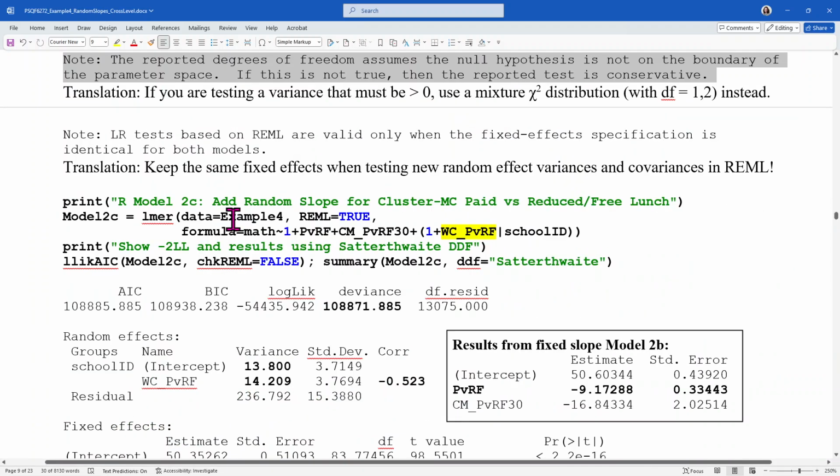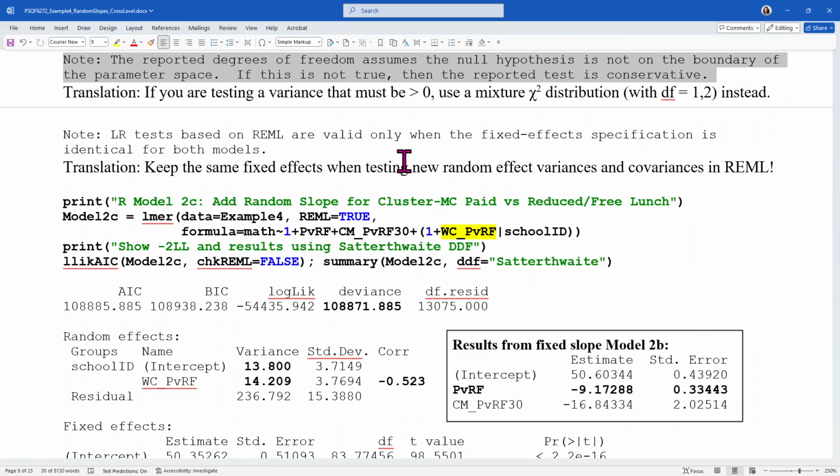And then what you were asking about earlier before class, note, LR tests based on REML are valid only when the fixed effect specification is identical across models. So that's one of the model comparison rules that we learned early on. That's why all of my examples add the fixed effects in one step and then add the random effects in a second step so that I keep the fixed part the same so that I can do the likelihood ratio test.